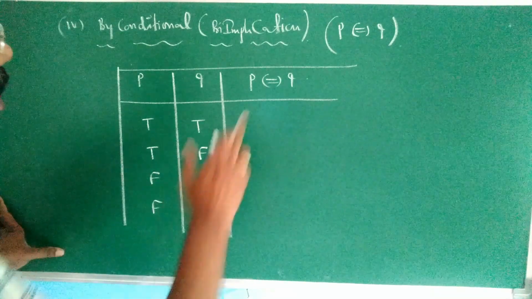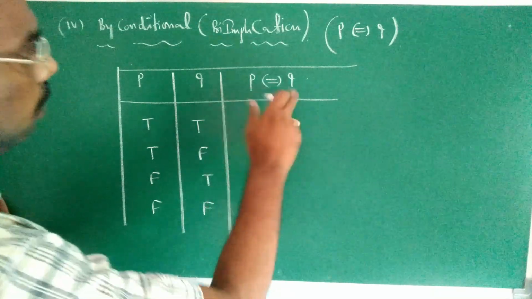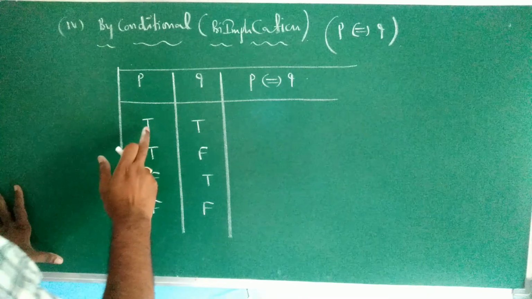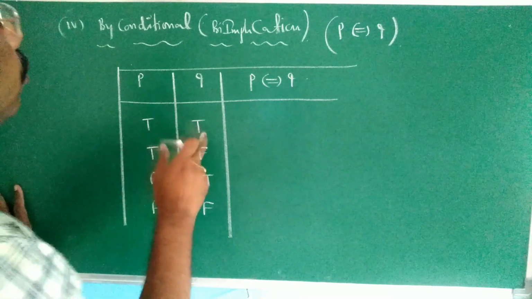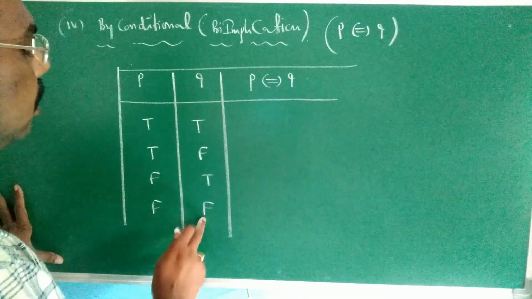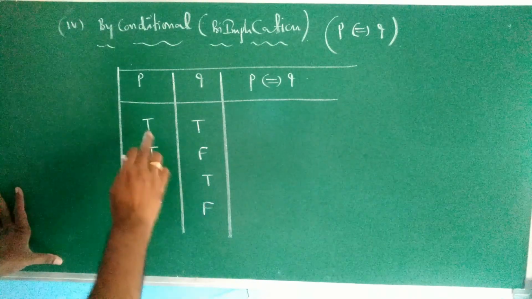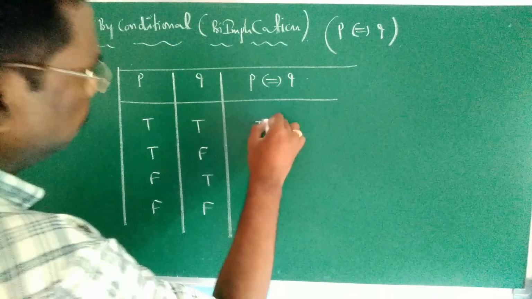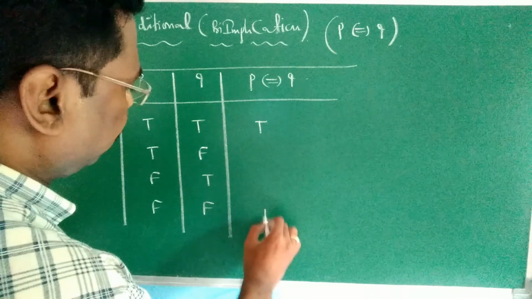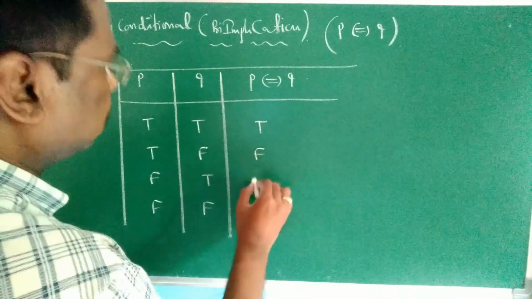Here biconditional, here the statement P double implies Q means either two, the table is true, true, false, false, true. Remaining here false. Now true, true, true. False, false, true. Remaining are false.